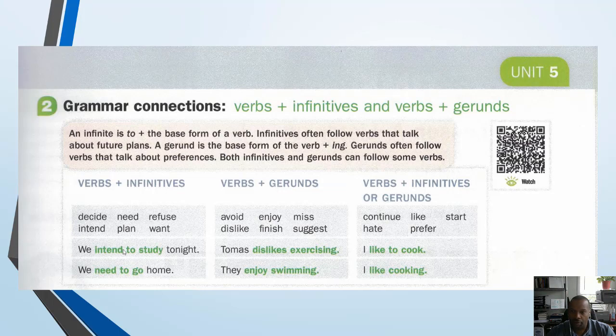Some of the verbs that help us understand that we're looking at infinitives are decide, need, refuse, intend, plan, and want. Any of these verbs we could put in here instead of intend, and then make to plus the base form of the verb, and now we have an infinitive that talks about future plans.